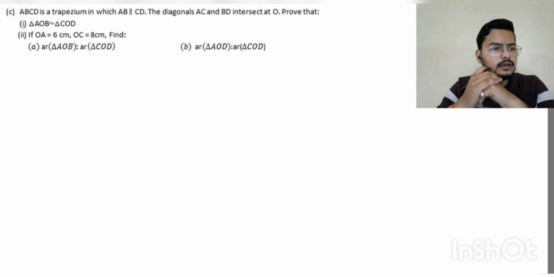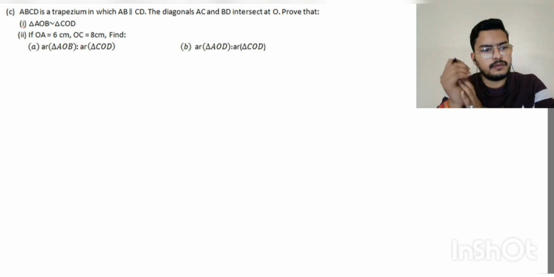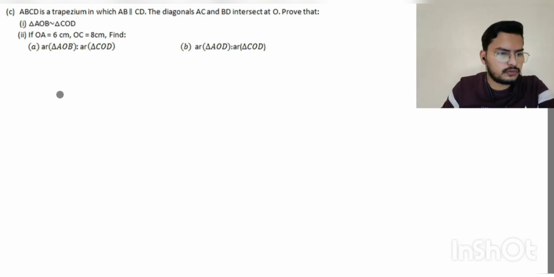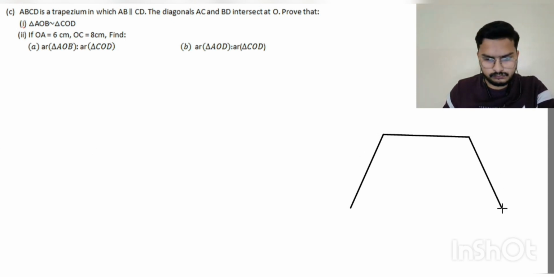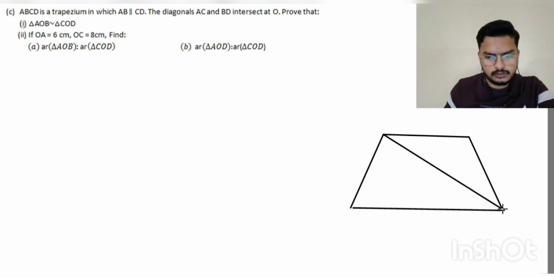Part C says that ABCD is a trapezium where AB is parallel to CD. So first we have to make the figure. First of all we make a trapezium like this. These are the diagonals of this particular trapezium, right?